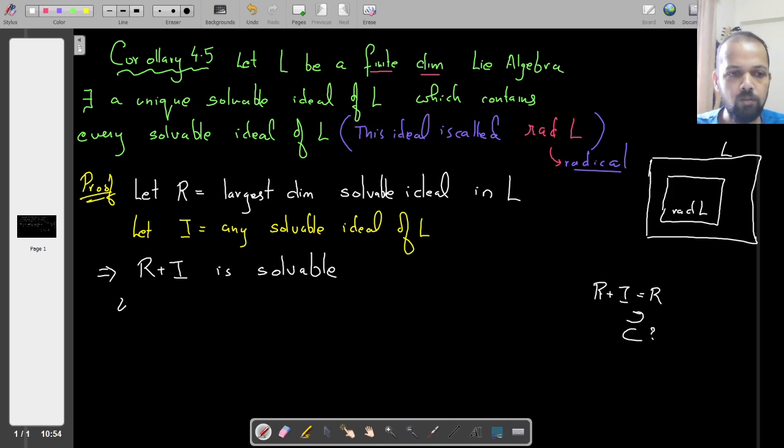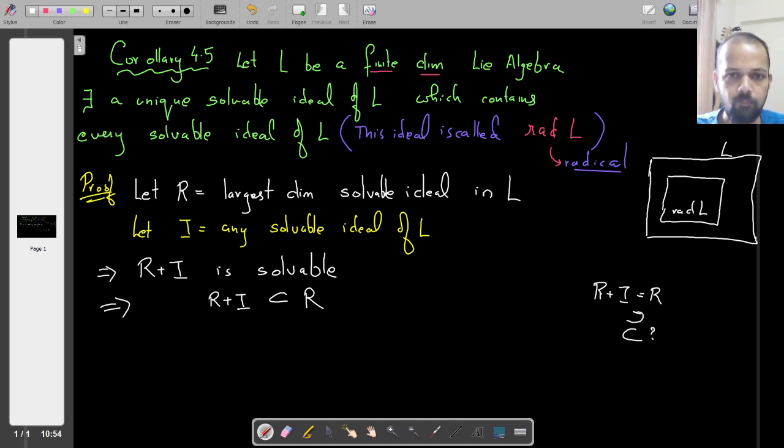This implies that R plus I is contained inside R, because R is the largest dimension solvable ideal in L.